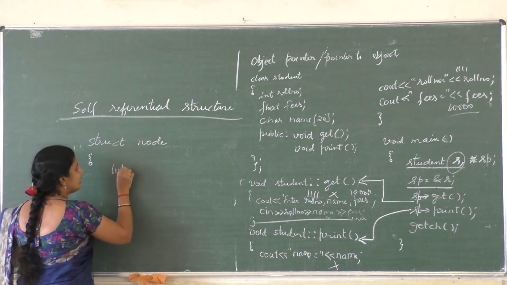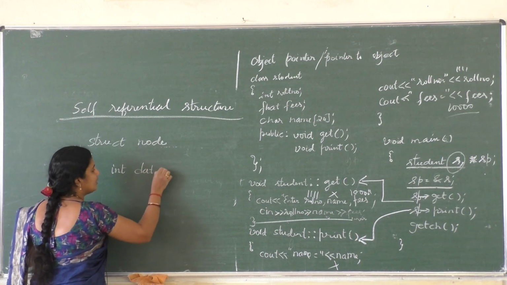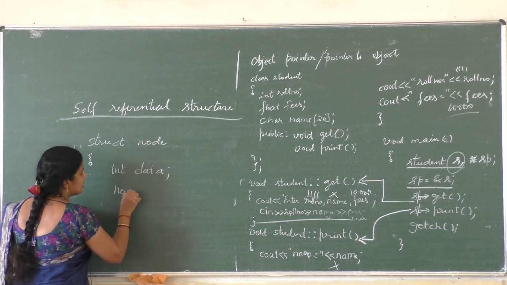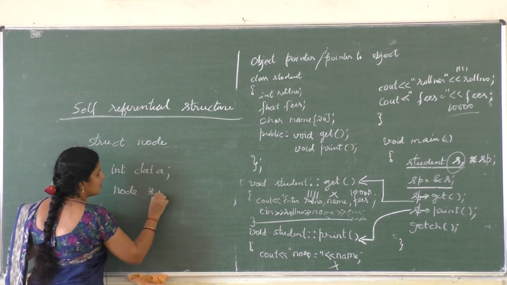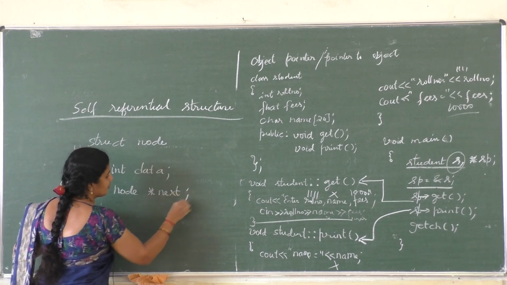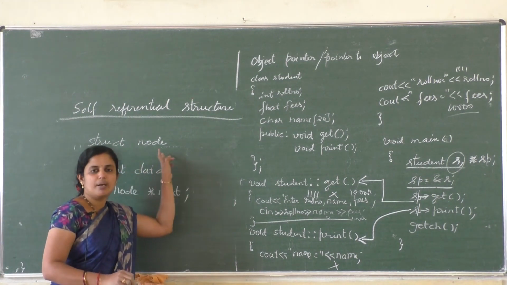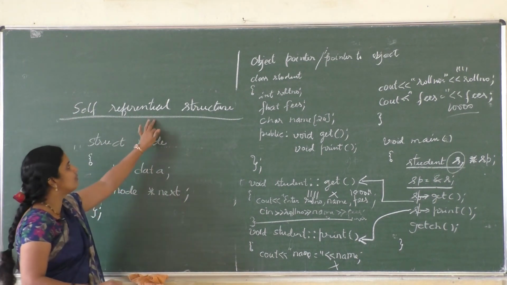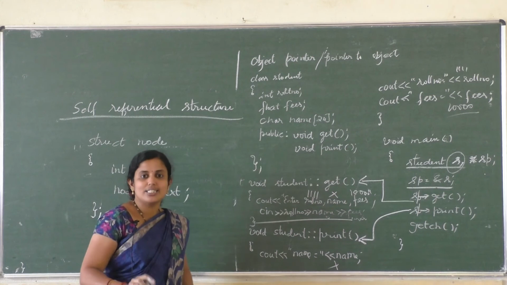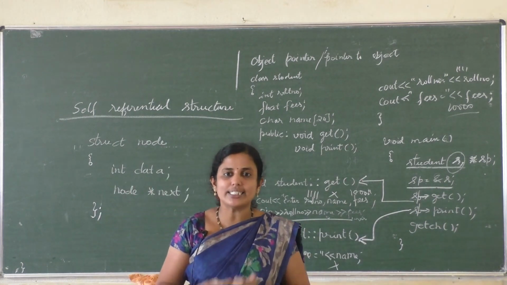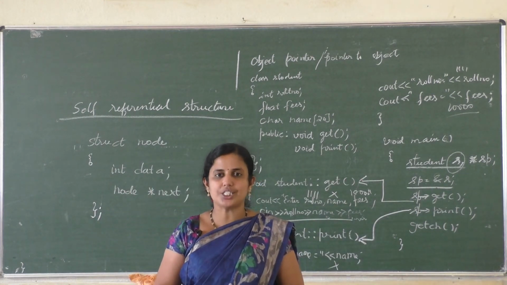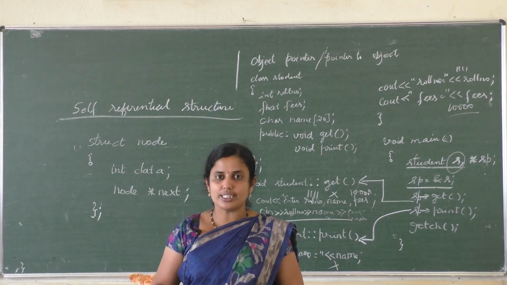Next I'll write int data, and I'll consider node star next. This is an example for a self-referential structure, the structure which references itself.